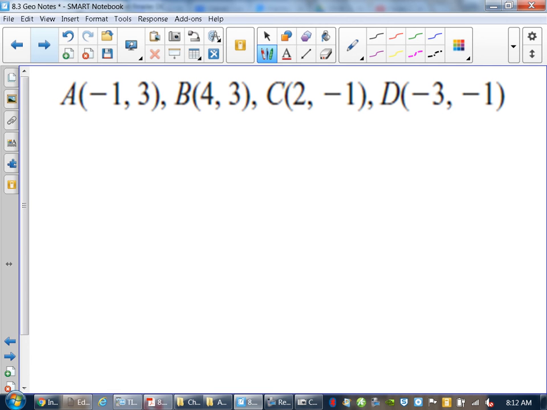Which means you're going to look at the slope of AB, the slope of BC, the slope of CD, and the slope of AD, or DA. It doesn't matter which ones you're going through. You're going to check 4 separate slopes, which means you're going to use the slope formula 4 separate times. It's just a matter of remembering what you're looking for.